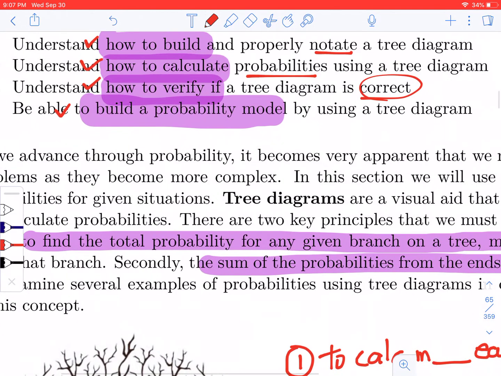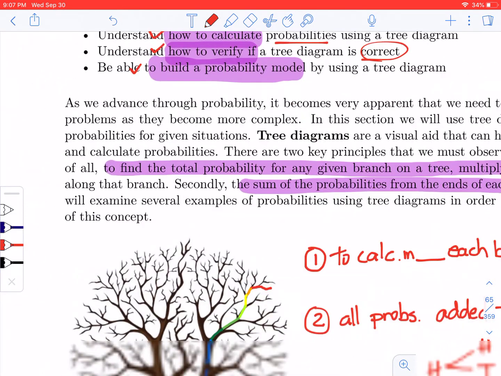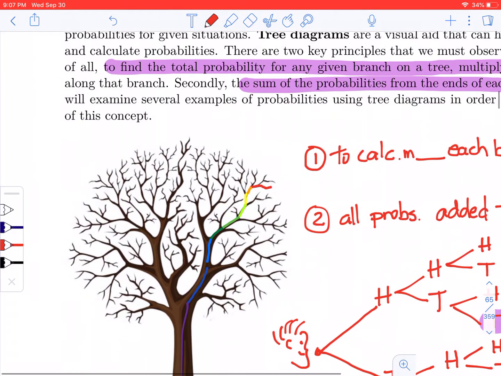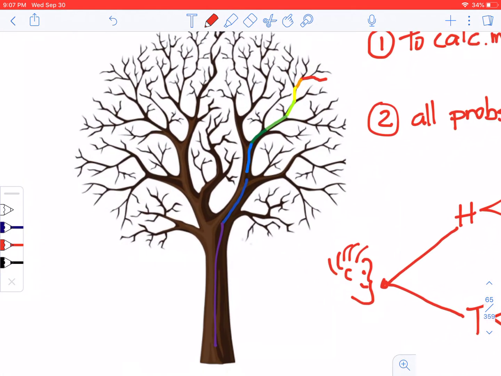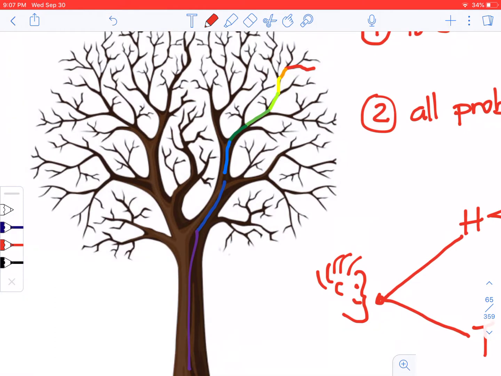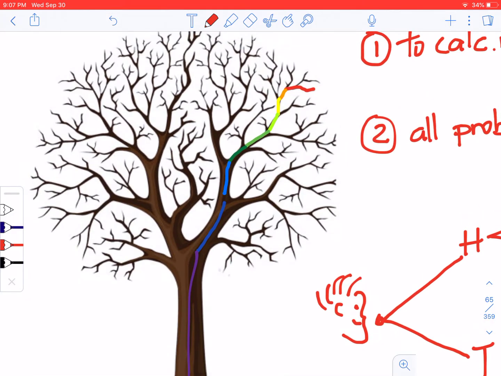All right. Tree diagrams. Let me illustrate using this particular tree here that's been sketched out so lovely. We start a tree diagram at the leaf. Remember, those were the things that we counted back in chapter 1.